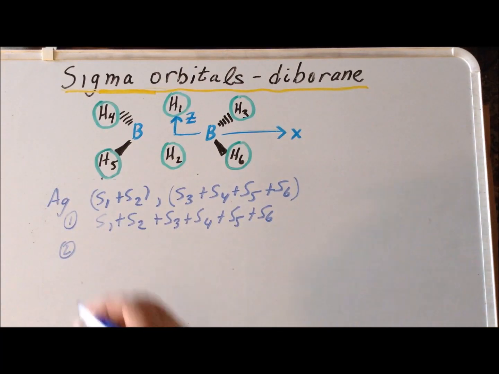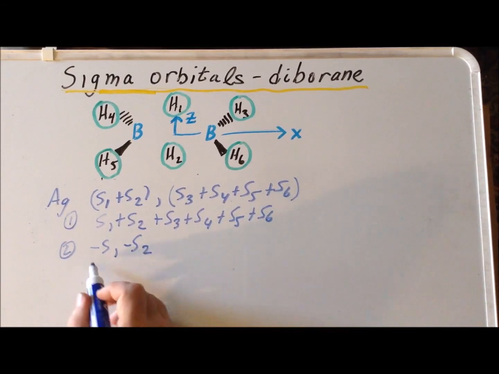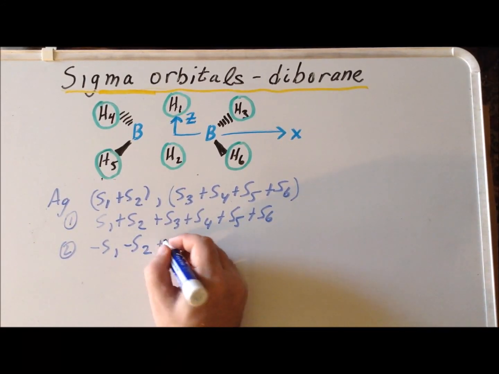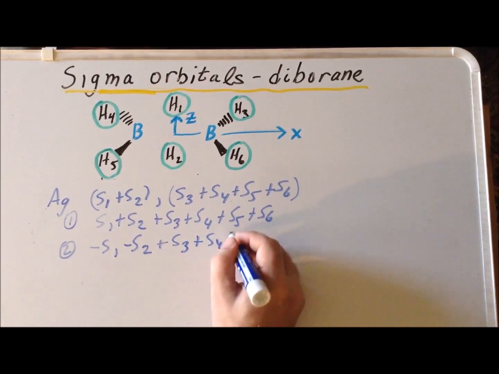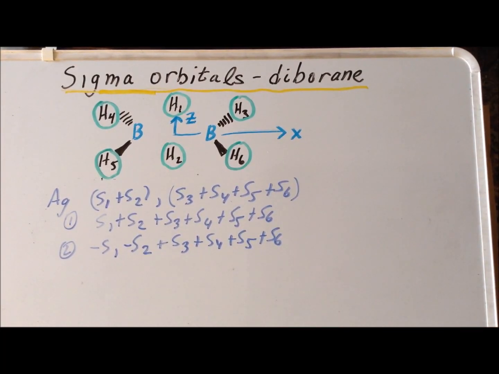So what would that look like? Well, that would give us minus S1 minus S2. Since they have the same sign as each other, they have the same phase relationship. But they have a different phase relationship, the opposite one, to S3, S4, S5, and S6. So it turns out that a tricky aspect to finding the molecular orbitals for diborane is that we have 2 different Ag combinations.